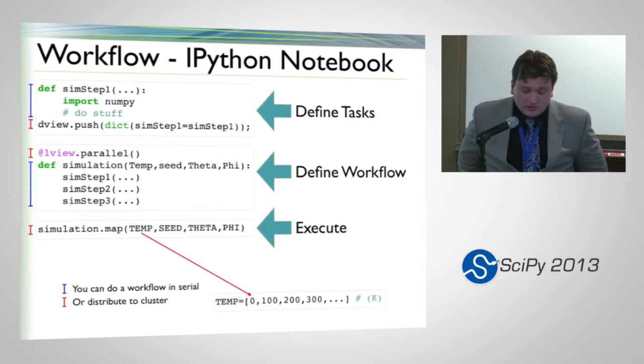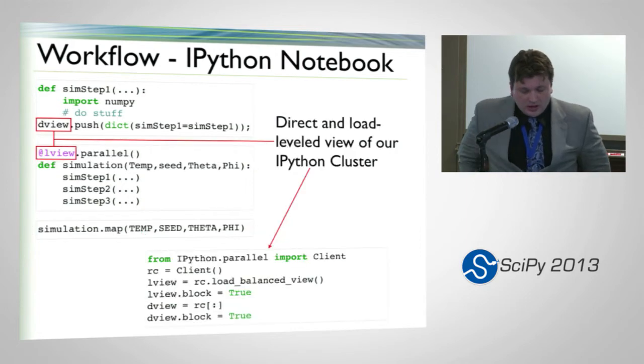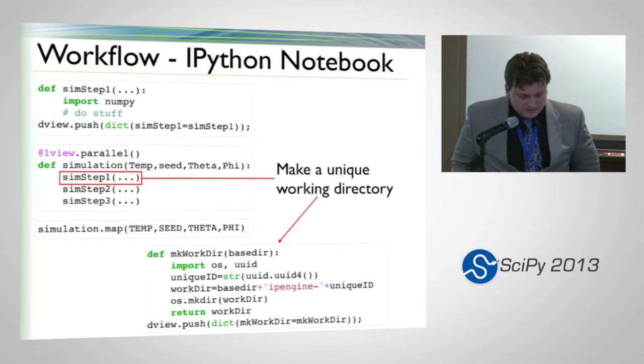And in this example, I can run this workflow in serial, or I can map it to parallel resources, and I've highlighted those as such. And these are just the direct and load balance views to my IPython cluster. I need the direct view such that I can push the definition of the various subfunctions and the parallel decorator to actually execute them. And I'm going to talk about that in greater detail later on.